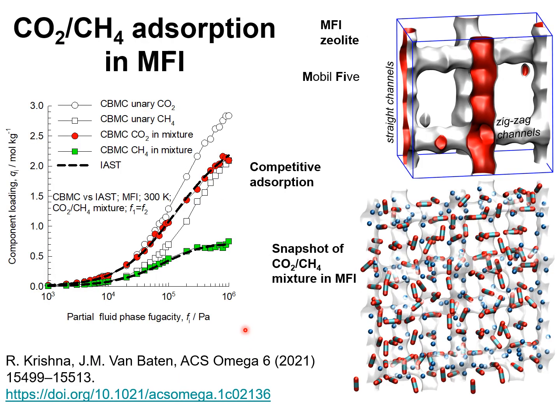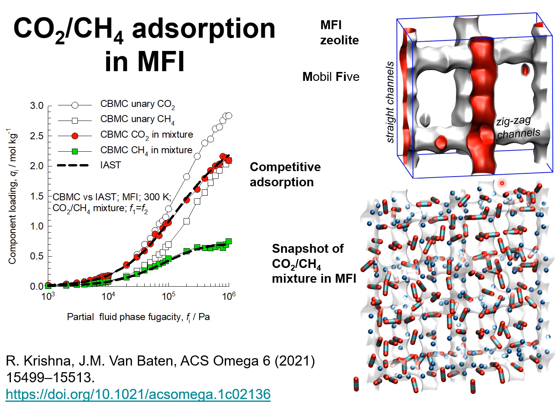To give just one example in which the mandates of the IAST are fully met, we consider the adsorption of mixtures of carbon dioxide and methane in MFI zeolite. MFI stands for Mobil 5, consists of a set of intersecting channels.